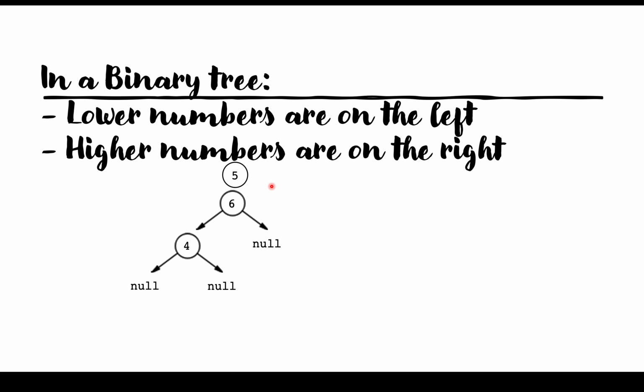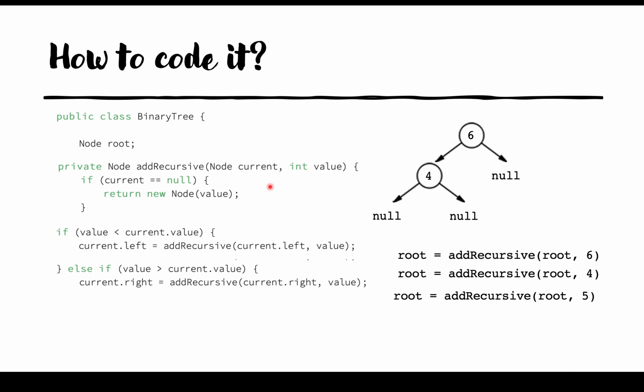Lower numbers on the left, so 5 is less than 6. Lower numbers on the left, well, this is higher, so it has to go on the right. But we didn't define a current dot right, so we have to define that. And that's right here. So if value is less than current dot value, what if value is greater than current dot value? We have to define that.